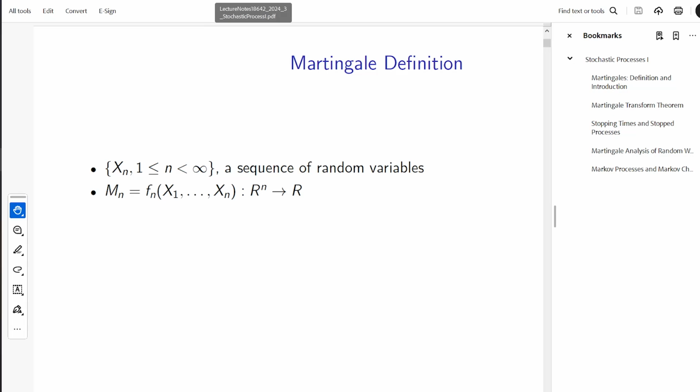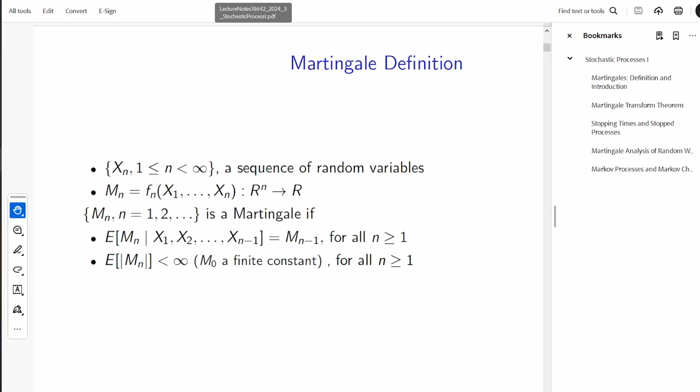So if we have Mn depending only on the first n X's in some well-defined way given by a function fn, then we will say that this Mn sequence, which is random because of its dependence on the X's, will be a martingale if the expected value of the nth M given the first n minus 1 X's is simply equal to the n minus first value of M. And we also are going to require that the magnitude of the Mn's has a finite expectation for all n too.